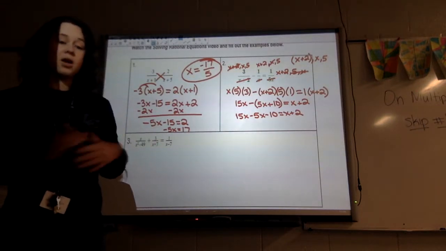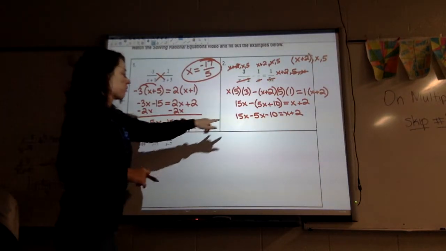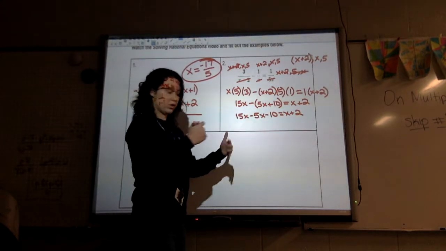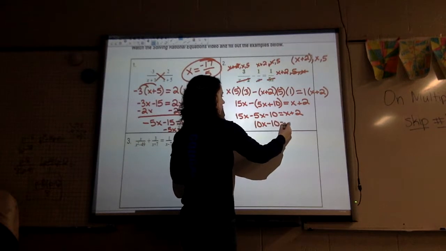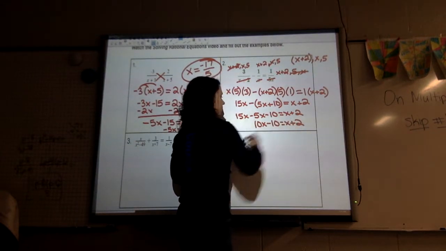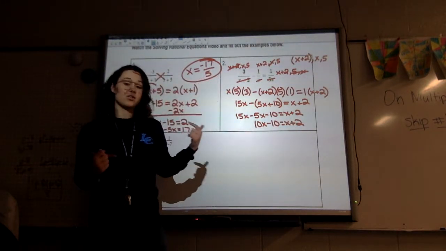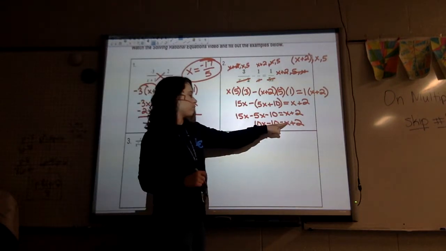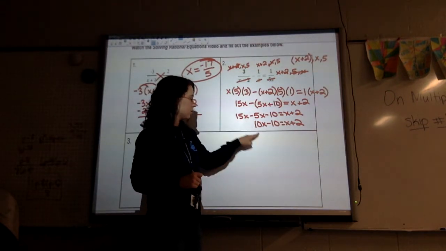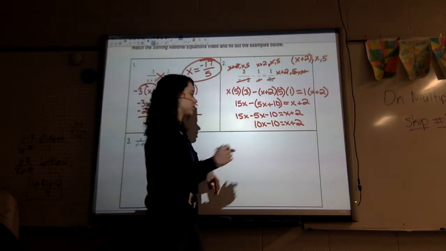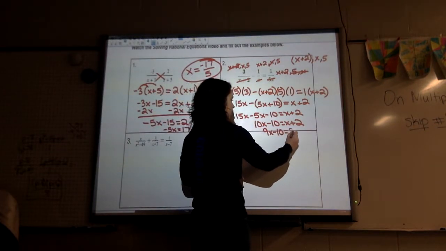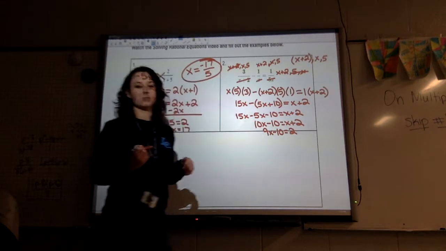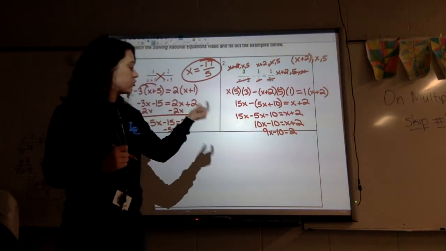And at this point, I'm combining my like terms. So 15x minus 5x is going to give me a 10x. If I keep putting my like terms together, I'm going to move this little x right here. I'm going to subtract it to the other side with the 10x and get 9x. I have 2 more like terms.